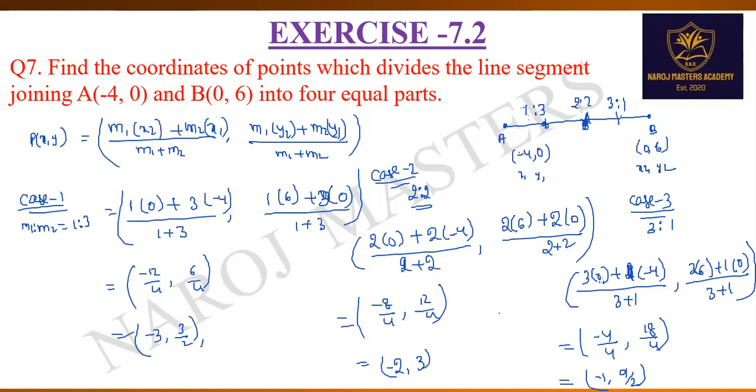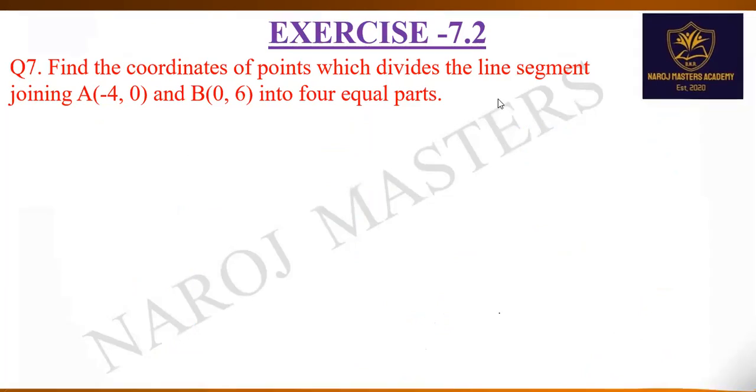Now look at the next question, question number 8. Find the coordinates of the points which divide the line segment joining A and B into 4 equal parts. Again, it is the same question but with different coordinates.